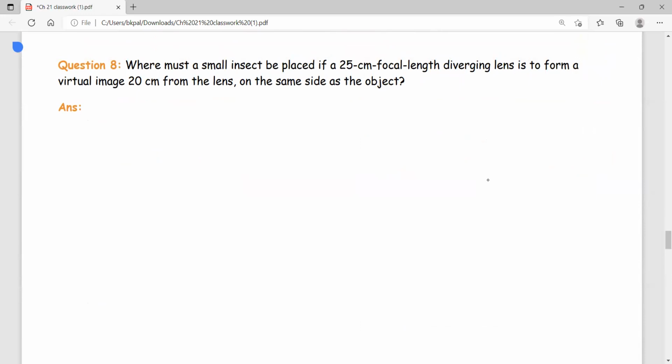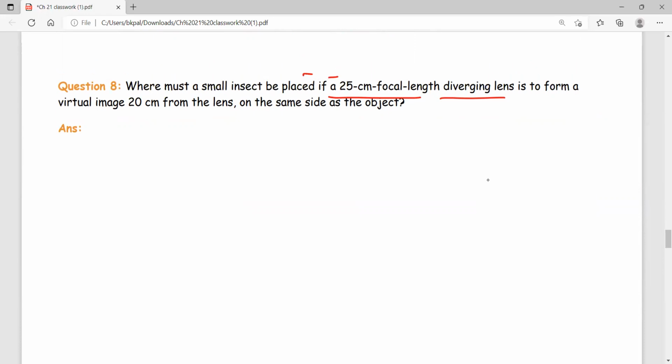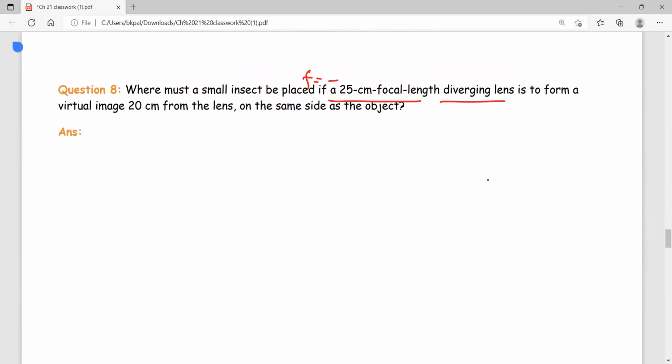The next one. Now it is a diverging lens. For a diverging lens, remember that the focal length should be negative. So f is negative 25 centimeter. Where must a small insect be placed? This tells us where the object should be placed if the focal length of the lens is this one and a virtual image is formed 20 centimeter from the lens.